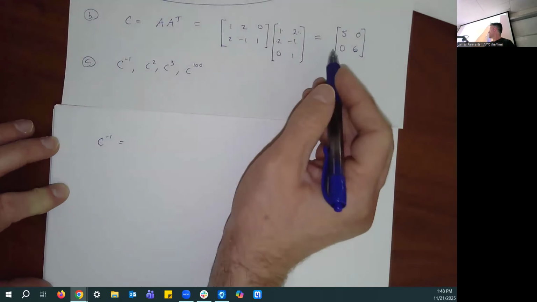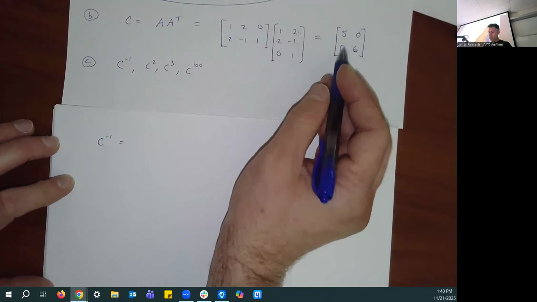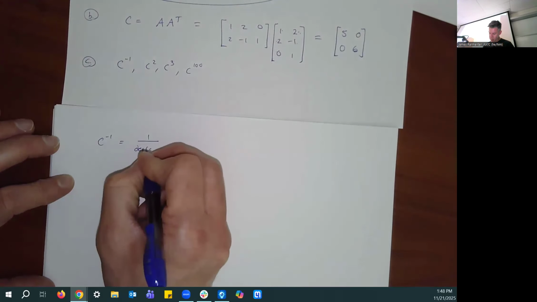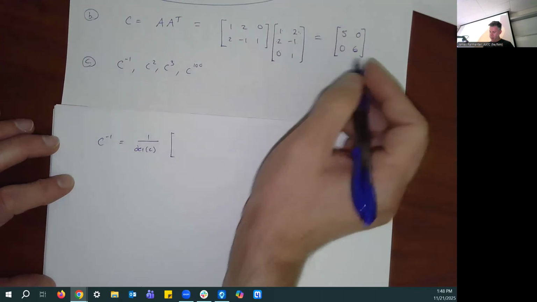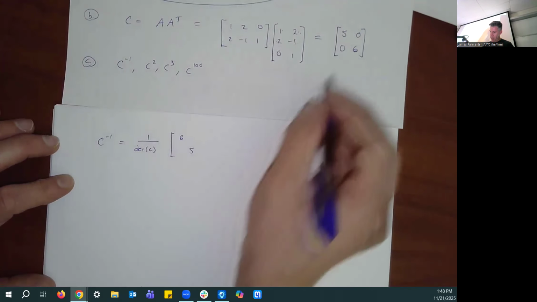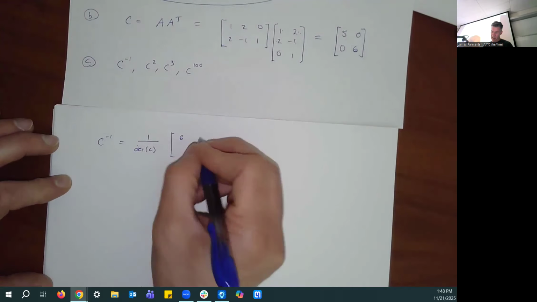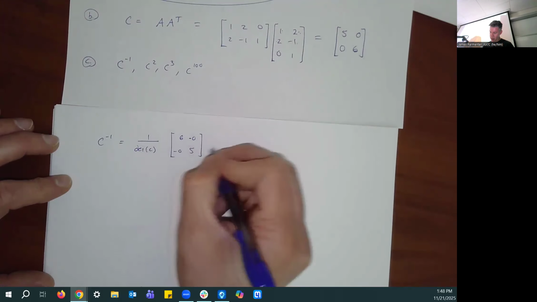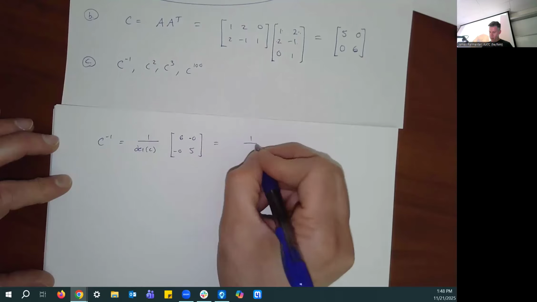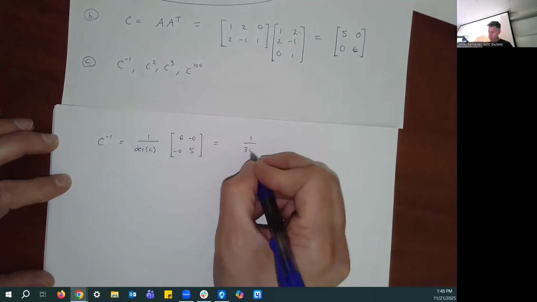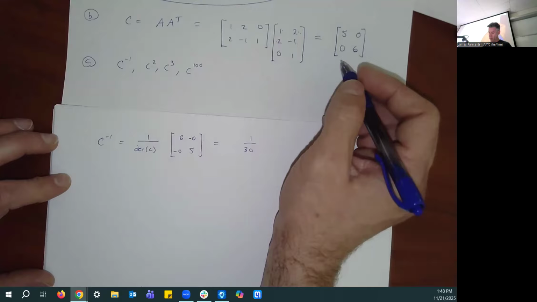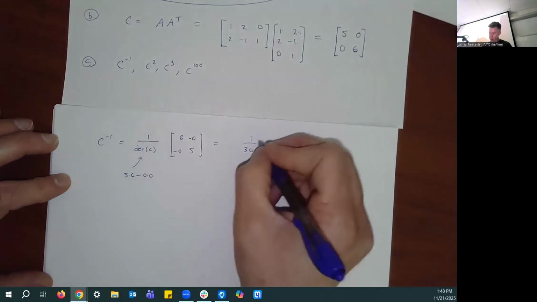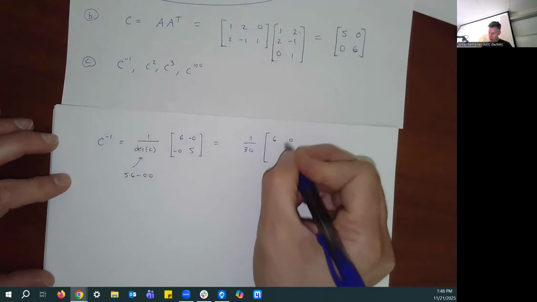We're going to take our C matrix and say it's 1 over the determinant of C, and then we're going to interchange 5 and 6 and take the negative of the off-diagonal things. But the negative of 0 is still 0. So I don't recommend writing negative 0. That feels real silly to me. I'm going to write this as 1 over 30, because that's 5 times 6 minus 0 times 0, times the matrix 6, 0, 0, 5.